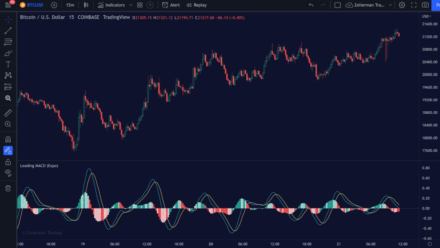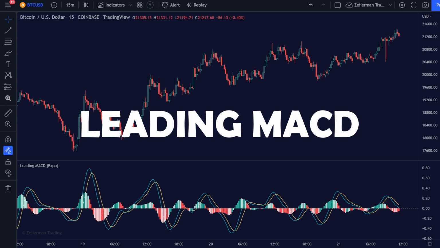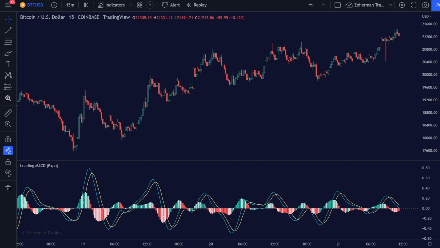Today I'm gonna show you our leading MACD indicator, which is designed to anticipate future price action. And the idea of a leading indicator is that traders can get in before the price move happens and ride the entire move.